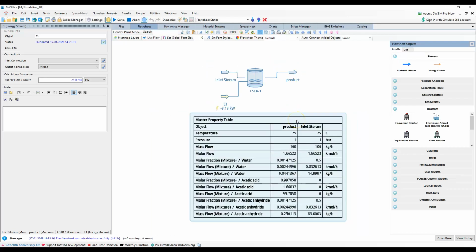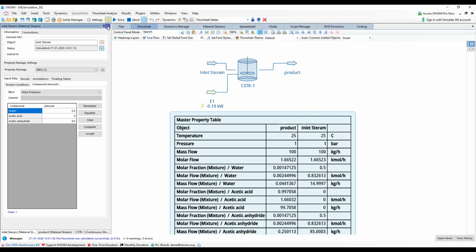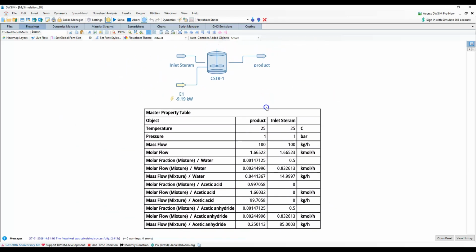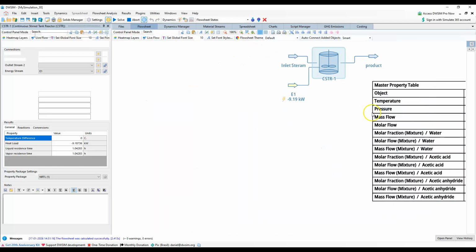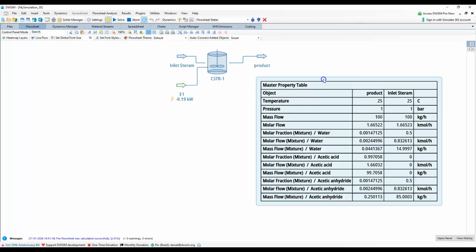So I am closing this and this, so my window will be bigger.